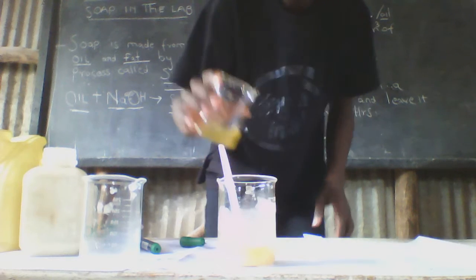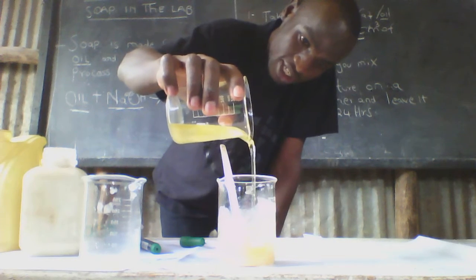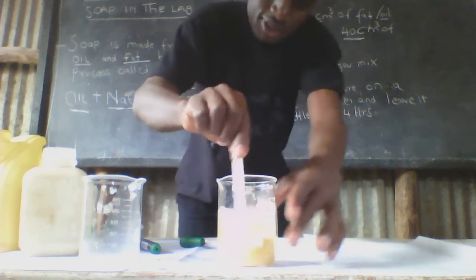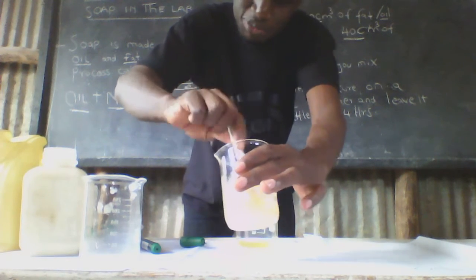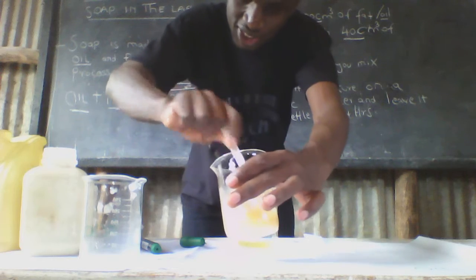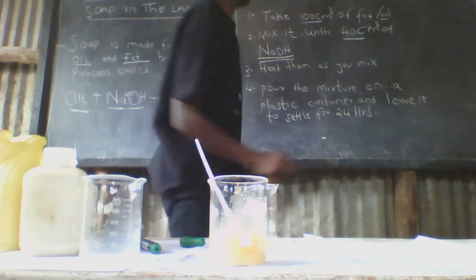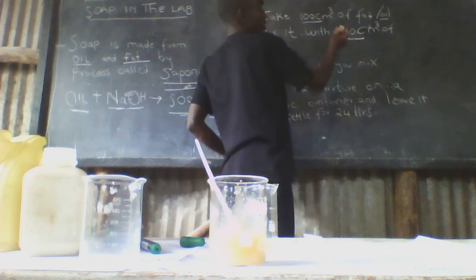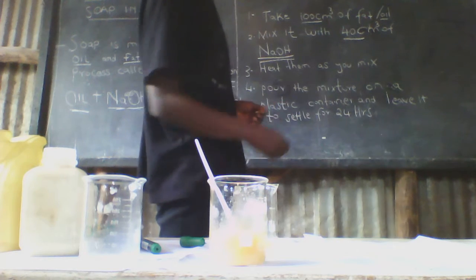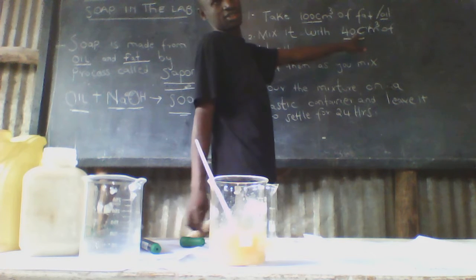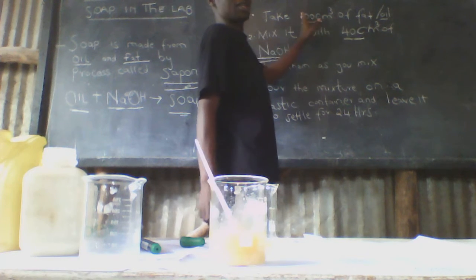If you feel that the ratio is not working, you can adjust it. If you feel that maybe the oil is more than the sodium hydroxide, you can increase the ratio. Because here we use 40 cubic centimeters, you can increase it so that you use around 100 to 100.